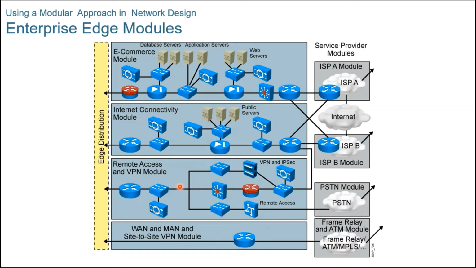The optional edge distribution module aggregates the connectivity from various elements at the enterprise edge and routes the traffic into the campus core. In addition, the edge distribution module acts as a boundary between the enterprise campus and the enterprise edge and is the last line of defense against external attacks. Its structure is similar to that of a building distribution layer.